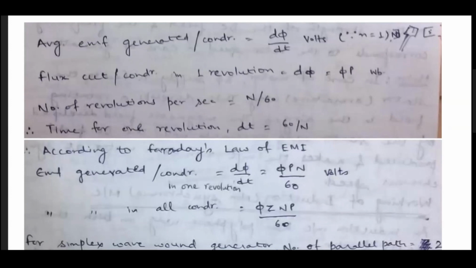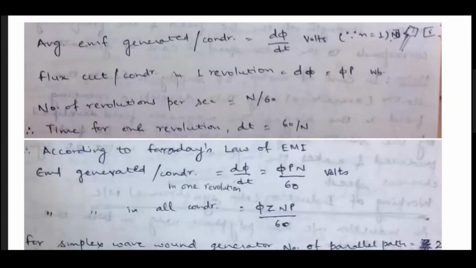This will be equal to phi P, because phi is the flux per pole and P is the total number of poles. Since we are talking about one revolution, all the poles will be considered in this case.